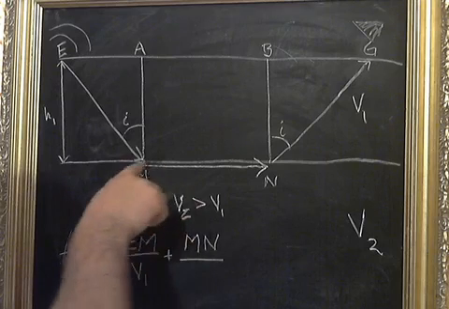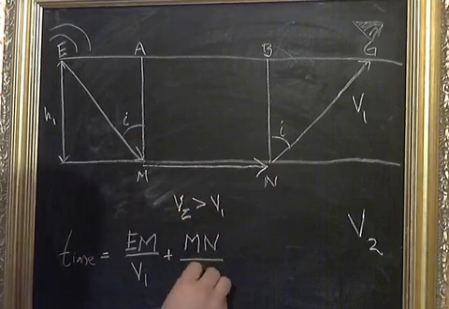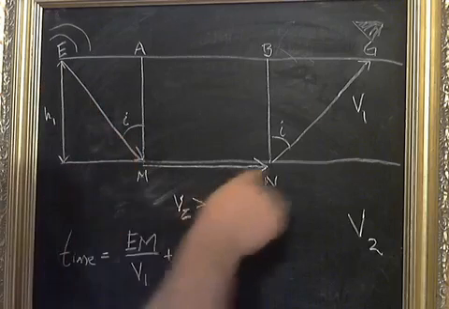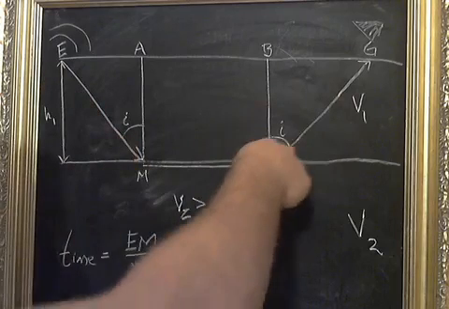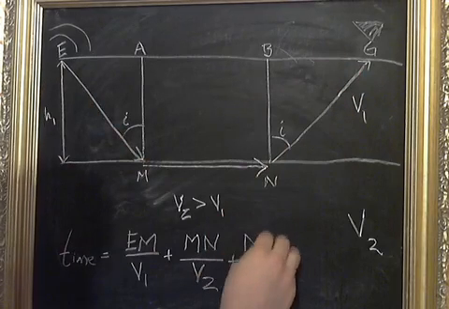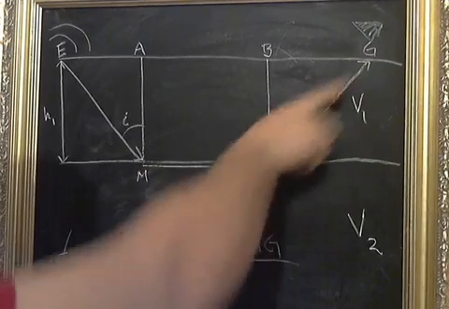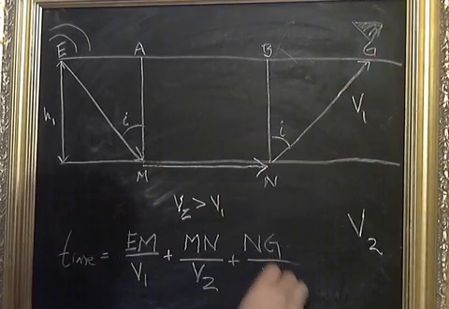A refracted wave, when it's traveling along the interface, travels at the velocity of the lower medium, V2. And then the third component, we need the time to go this distance, which is going to be NG, divided by, again, V1, since it's traveling through the upper material.